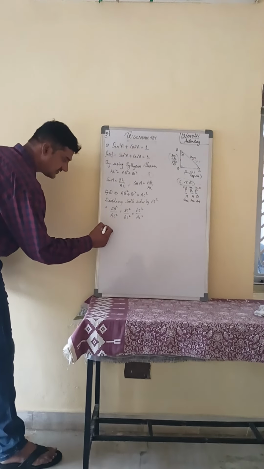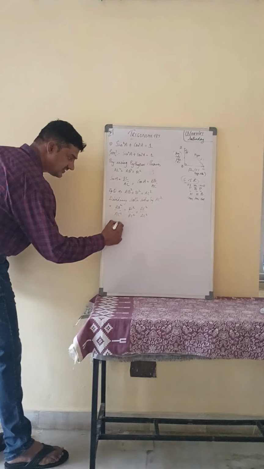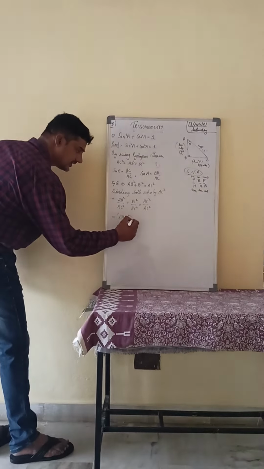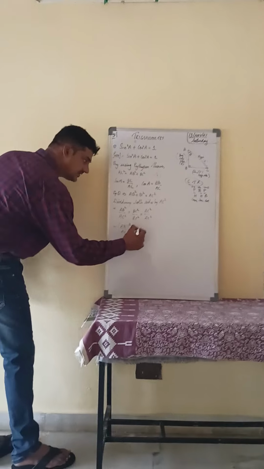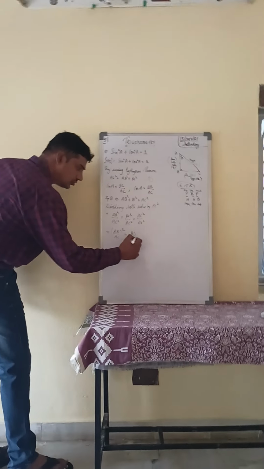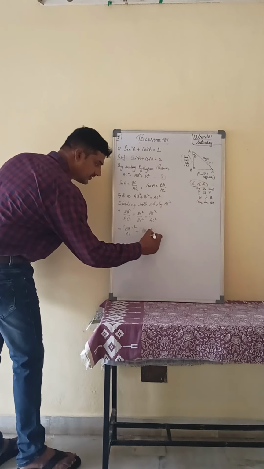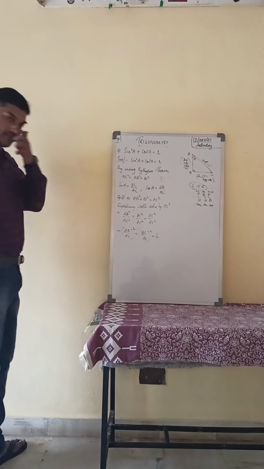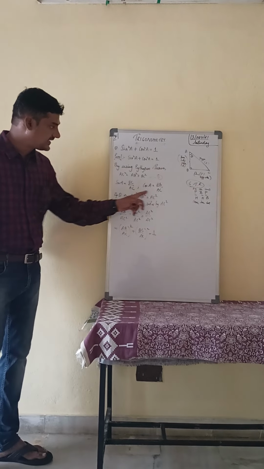AC square gets cancelled. AB square by AC square, so AB by AC whole square, plus BC by AC whole square, is equal to AC square by AC square. AC square gets cancelled. What is left here? 1.